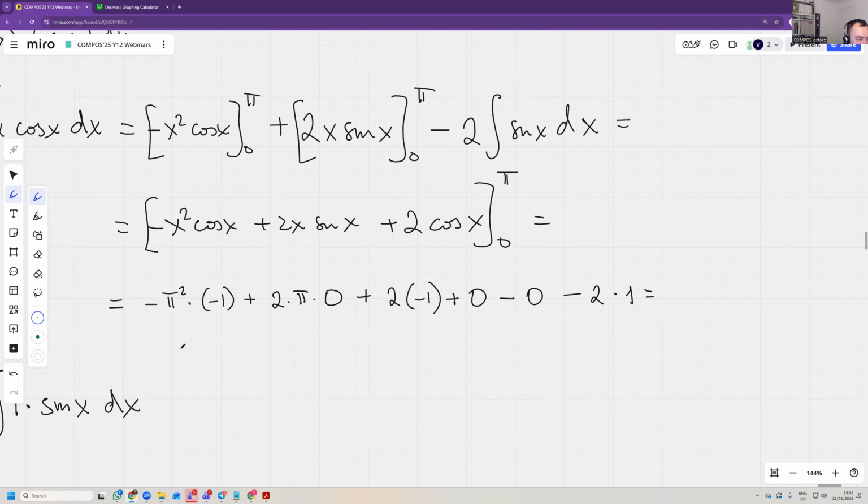So that is pi squared minus 2, minus 2. So that's pi squared minus 4.